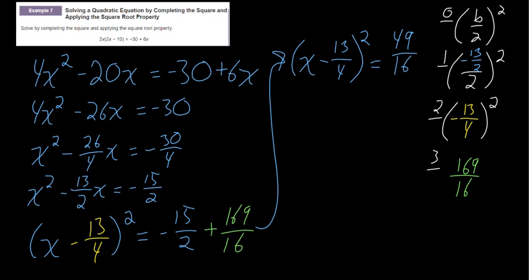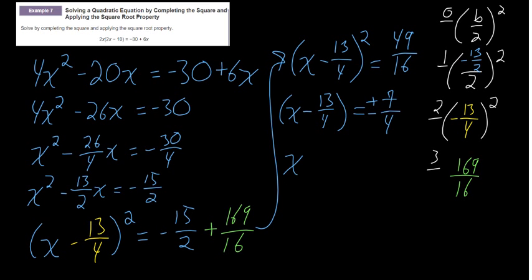Well, we take the square root of both sides. We're going to have x minus 13 over 4 equal to plus or minus the square root of 49 over 16. Well, the square root of 49 is 7, and the square root of 16 is 4. Okay, so that's pretty easy. And then, of course, we add 13 over 4 to both sides.